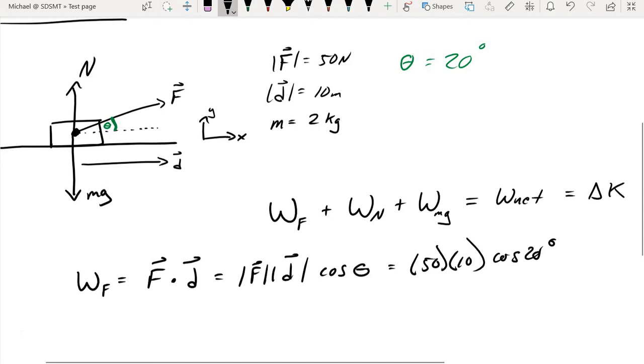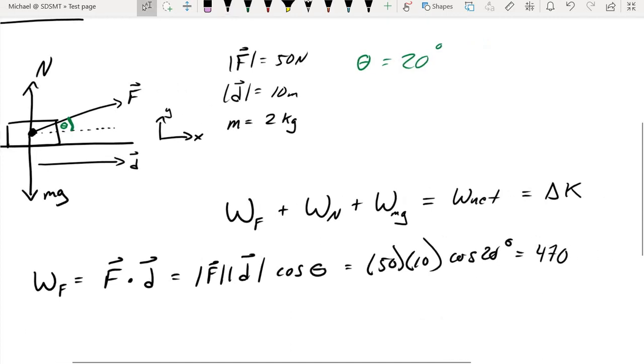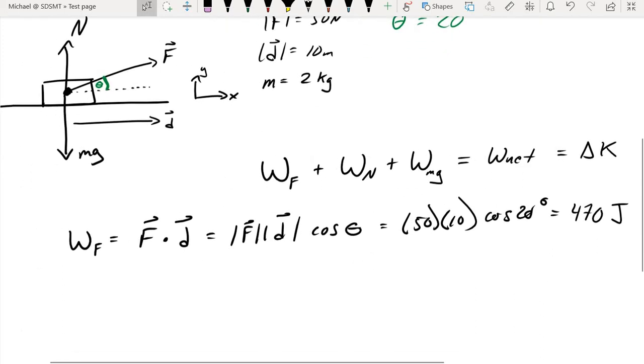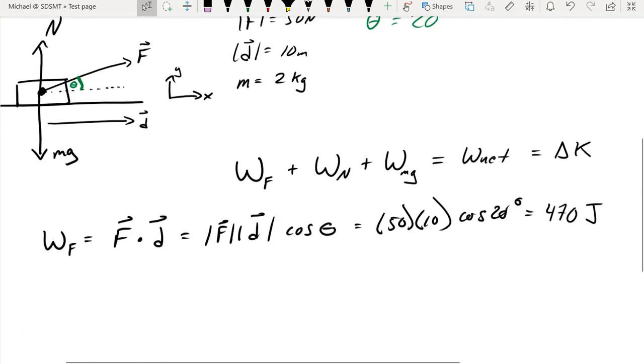And then we have cosine of 20, which is going to bring that to approximately 470. Now this is work. Work is a change in energy. Energy has units of joules, and so we have 470 joules worth of work that has been done by that applied force.